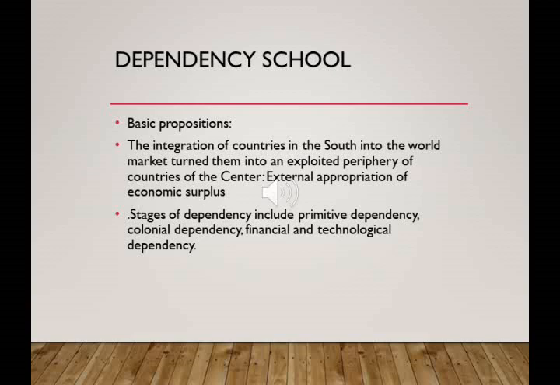But colonial dependency is not theft and not the use of force. Under colonial dependency, the economies of countries of the periphery are shaped in such a way as to produce raw materials and minerals for export to countries of the center.